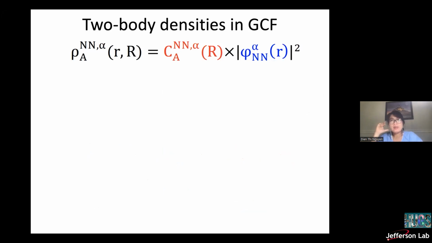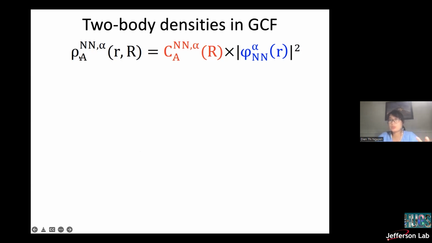So now we have a wave function, and we can use it to calculate different physical quantities. What we are calculating here is the two-body density in the coordinate system. You can think of it as the probability of finding two nucleons at relative distance r and center-of-mass distance capital R. Here N can be the different types of nucleon, NP, and alpha represents the spin of that pair.